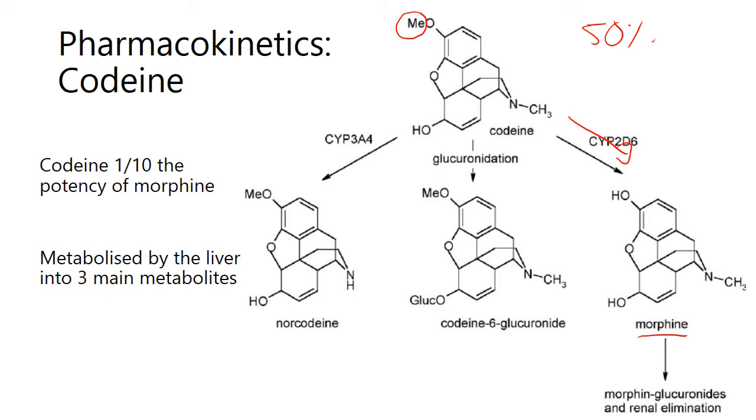The rest of the administered dose undergoes one of these 3 metabolic pathways that we see here. However, of these 3 pathways, the clinically most effective route is through the metabolism to morphine and its metabolites.